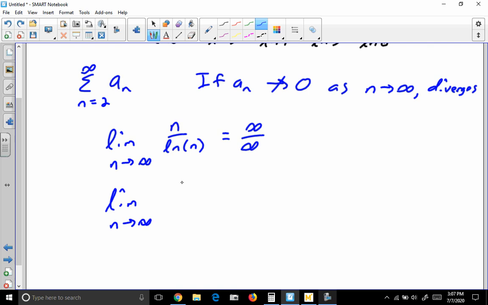Take the derivative of the top and then the derivative of the bottom. Dividing by 1 over n is like multiplying by n over 1. So that is just n. Well, as n goes to infinity, that expression goes to infinity, which means we diverge.